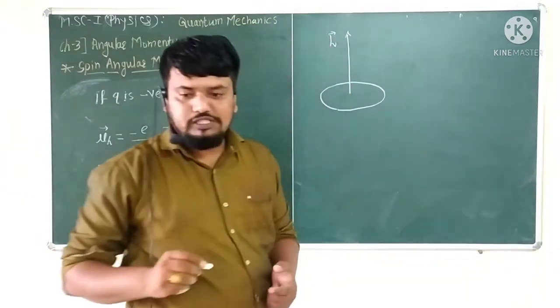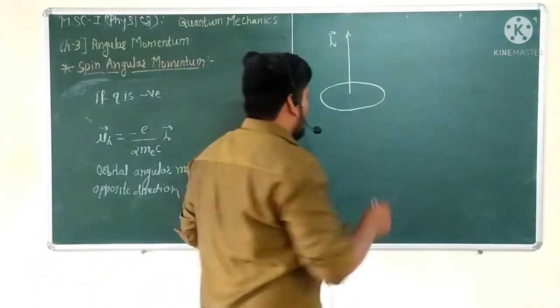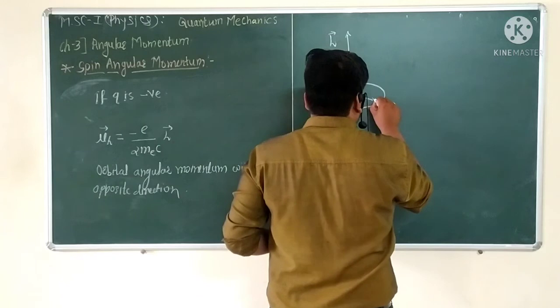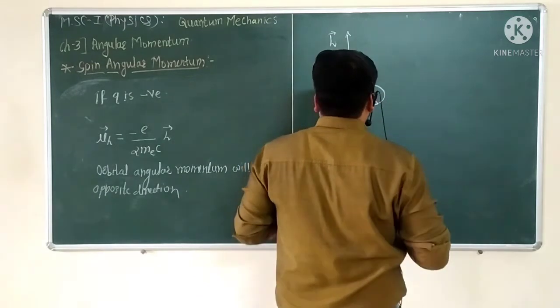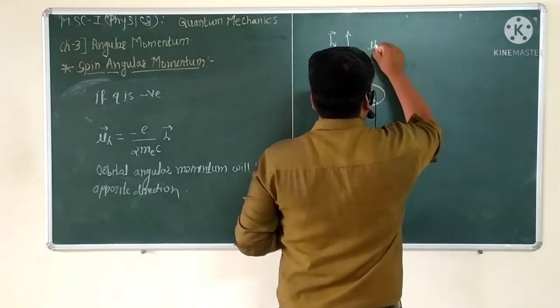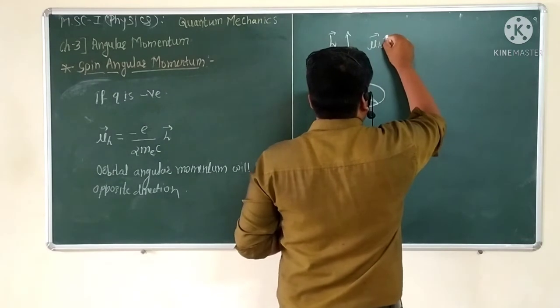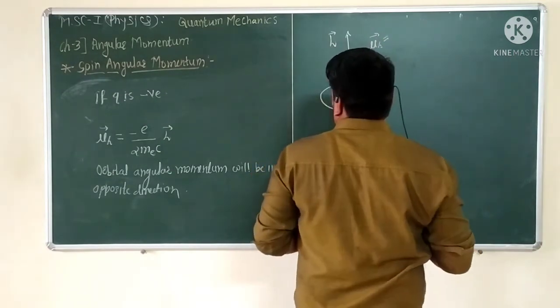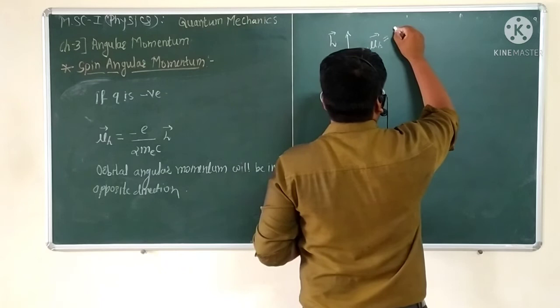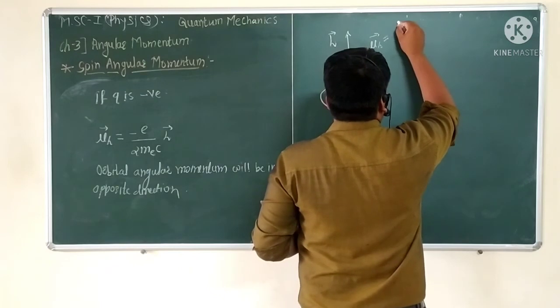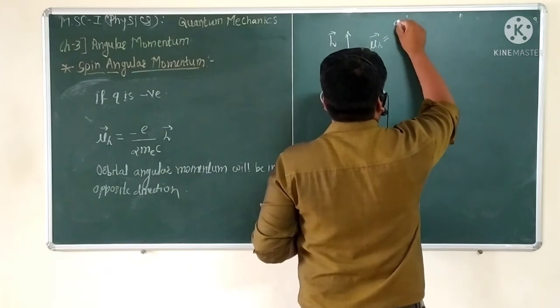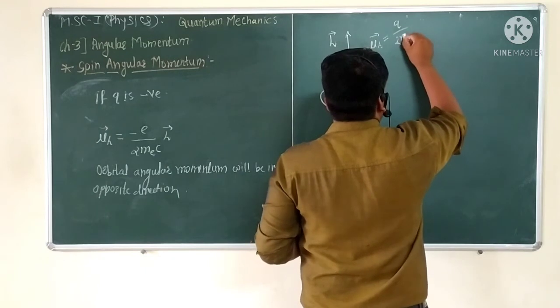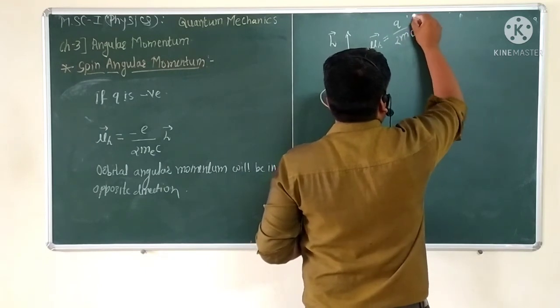The value of mu l, the orbital magnetic dipole moment, is q upon twice mc into l bar.